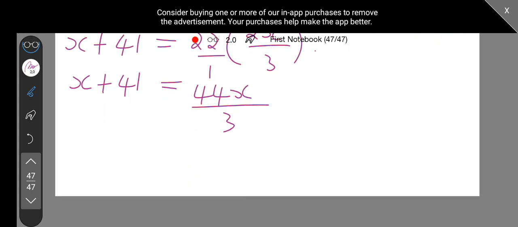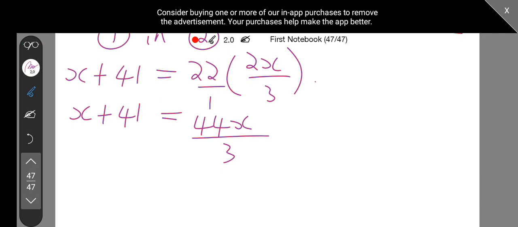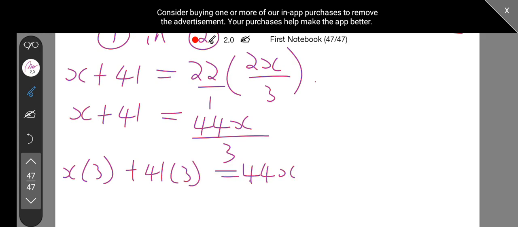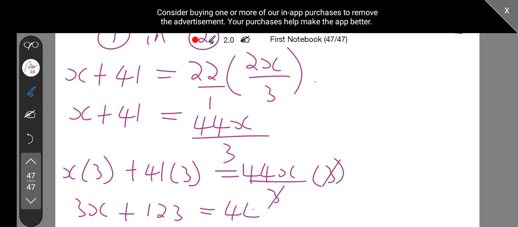Here we can multiply every term by 3 to get rid of the denominator. So we have x multiplied by 3 plus 41 multiplied by 3 is equal to 44x over 3 multiplied by 3, and the 3s cancel. What we have there is 3x plus 41 times 3, which gives us 123, is equal to 44x.